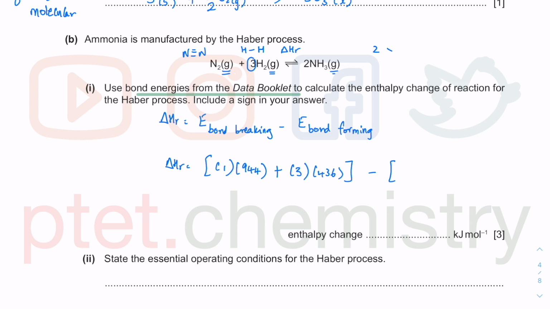We have 2 times NH3. Now this is the confusing bit for a lot of students. 2 times NH3 means I would have 3 N-H bonds for 1 NH3, and then I have another NH3. So altogether I have 1, 2, 3, 4, 5, 6. So I'm forming 6 times N-H bond. So be very careful.